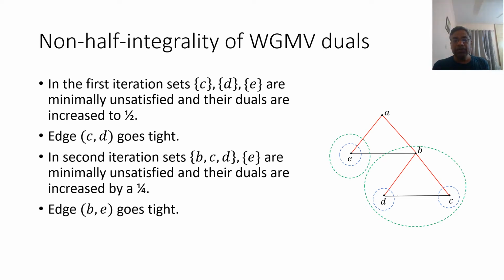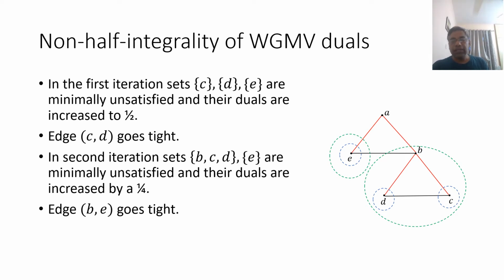And note at this point, at time half, this edge BE is already feeling a dual variable of half from this end. So it has a residual length of only half. By the way, I didn't mention, but all of these blue edges have length 1 in this example.